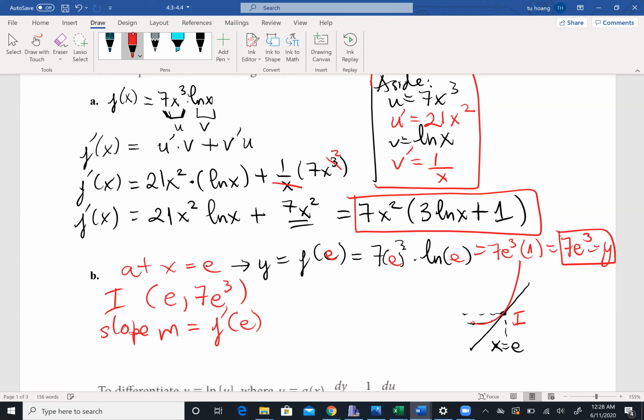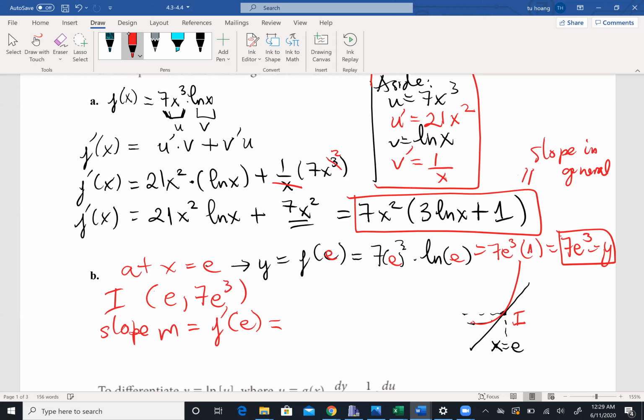Okay, so remember that the derivative in general is the slope in general, right? But at point e, at x equals e, the slope has to be f derivative of e, because you're going to plug e into the f derivative of x.